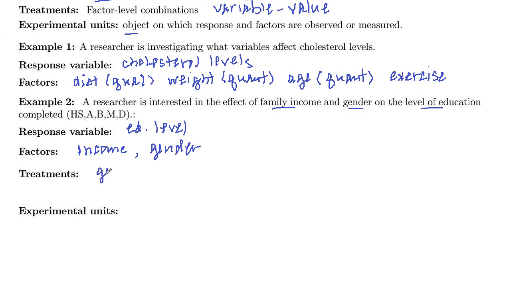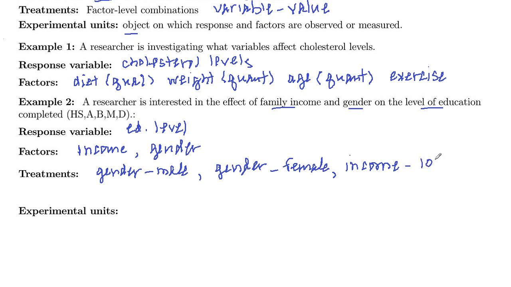So for example, for gender, you could have male. That's one combination. Or gender female. Be another treatment. And then income, for example, we could say family income, $100,000.